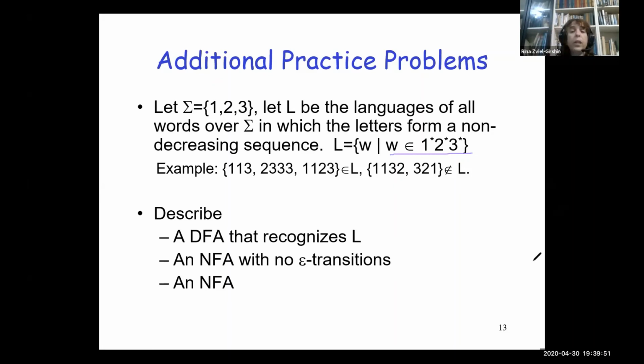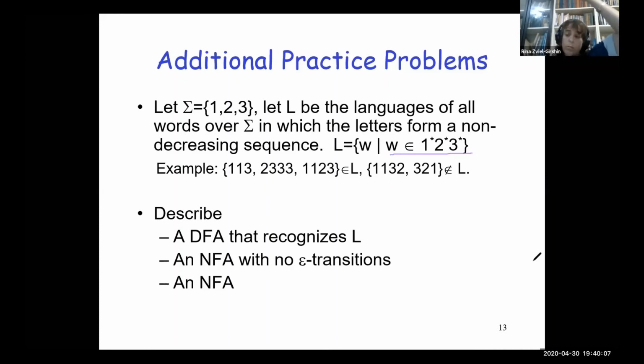So basically, 1 can be missed, 2 can be missed, and 3 can be missed, because the star operation also includes 0 concatenations of 1 with itself, or 0 concatenations of 2 with itself, or 0 concatenations of 3 with itself.